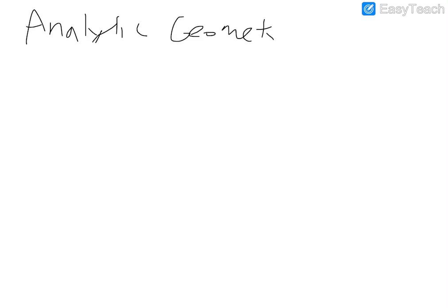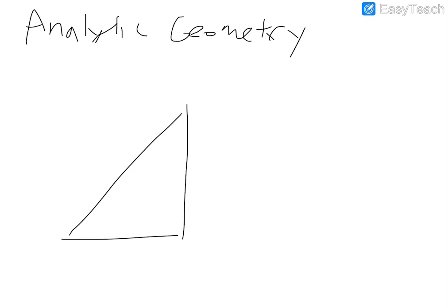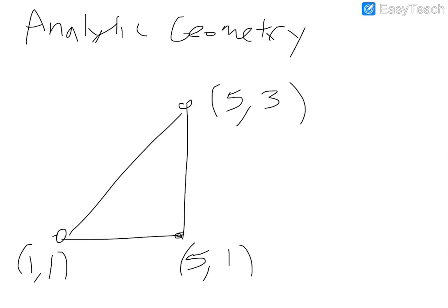Now, what this basically means is if you have some sort of problem like this, and it asks you for, I don't know, the area of the triangle, but instead of giving you side lengths, it would just give you coordinates like, I don't know, (1, 1), (5, 1), and (5, 3), and it would just give you these points and ask you to find the area of the triangle.